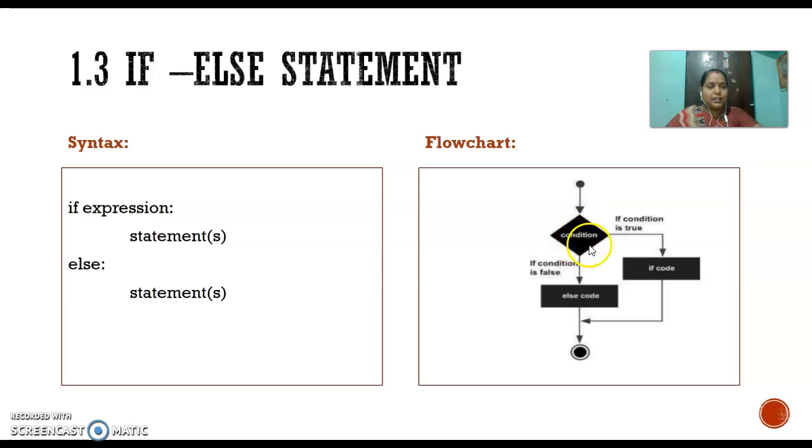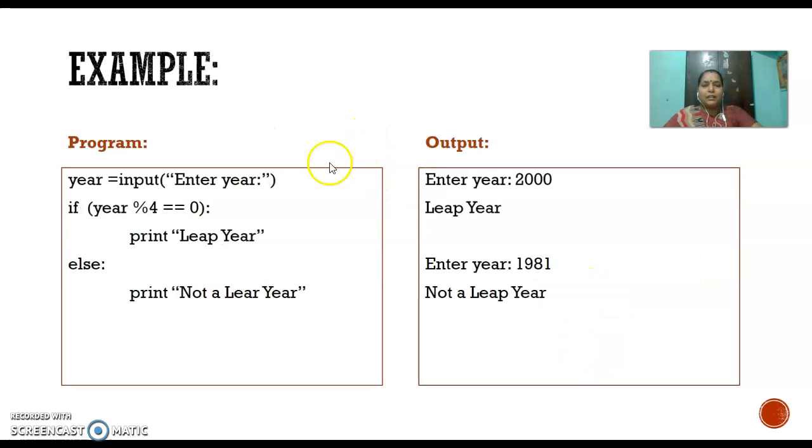If this condition is true, the if code statement is executed and it will come to the next statement. If this condition is false, the else code statement is executed and it will come to the next statement. This is the example for if-else statement. First, I am getting input for year equal to input of enter year.